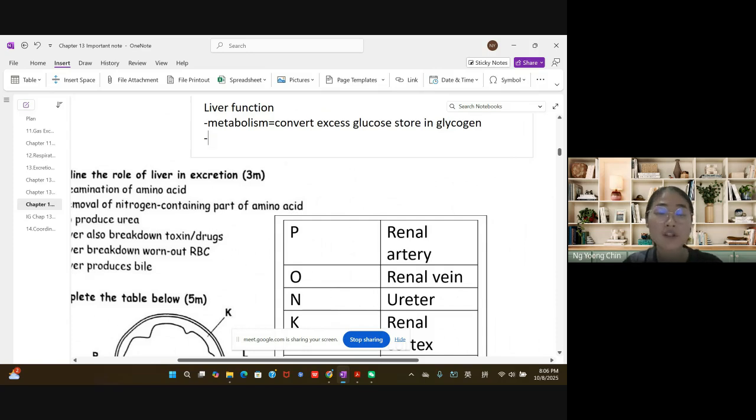So this is an example of the functions. Apart from that, the liver can do metabolism, and it can also do detoxification. Detoxification. And also they can do what? We call it assimilation. Assimilation, all right.